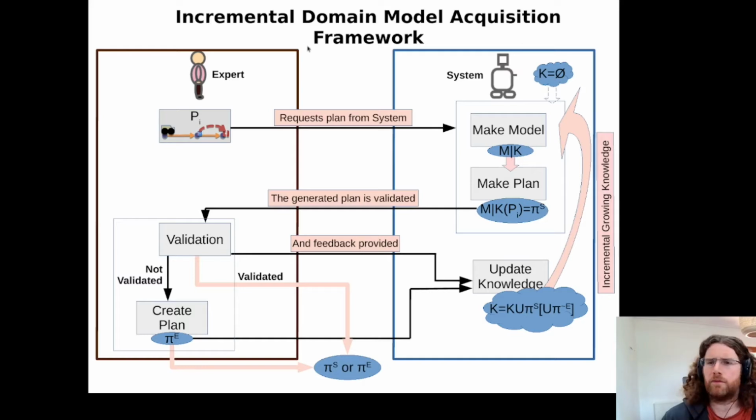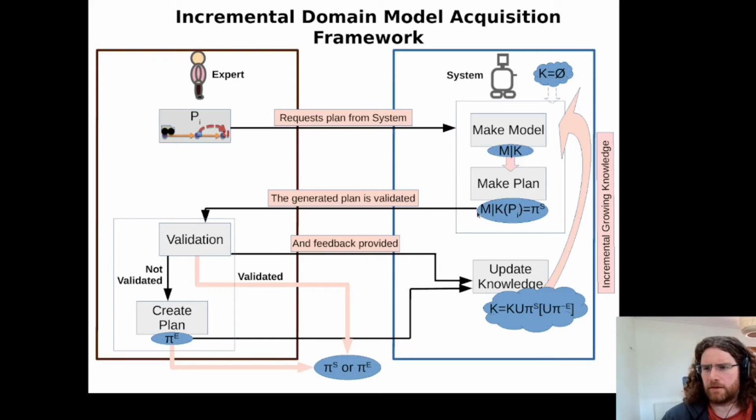So we're suggesting this incremental domain model acquisition framework. So you've got the expert and the system, and the system starts with no knowledge about the domain. Given whatever knowledge it has, it's going to make a model and use that model to make a plan for some scenario that the expert is going to provide.